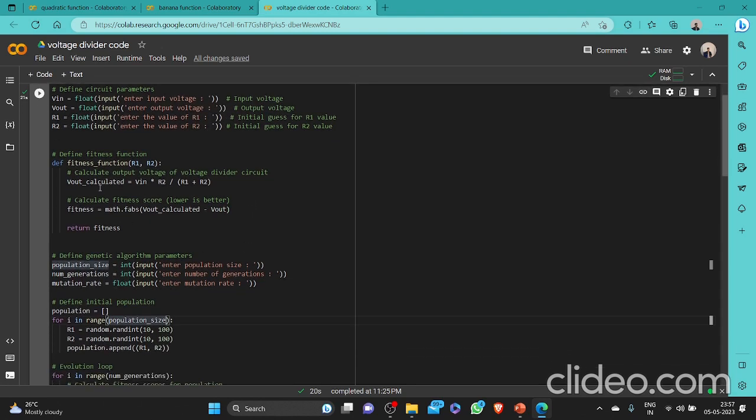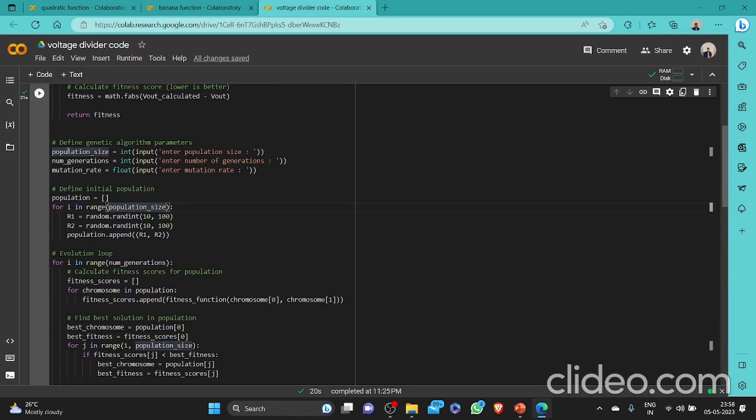Defining the fitness function: V output calculated is equal to Vin times R2 divided by R1 plus R2. The fitness function is the absolute difference between V output calculated and V output desired. This will be our fitness function.